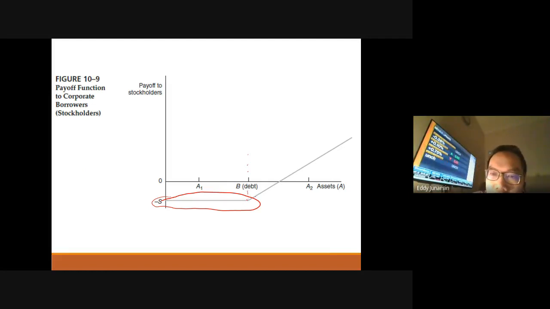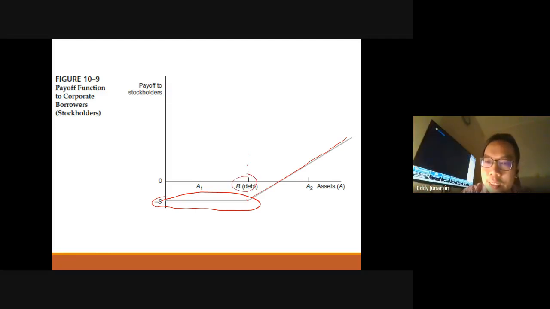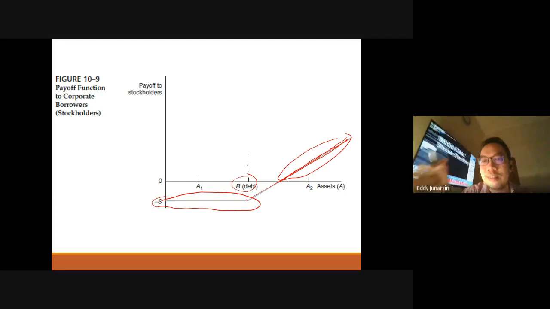So if your assets are doing well, right? If your assets are doing well, so you are happy, right? You are happy. So you will repay your debt. Agree, right? You get a lot of money, your assets increase in value, so you will repay your debt. But the additional benefits, the increasing benefits are enjoyed by yourself.